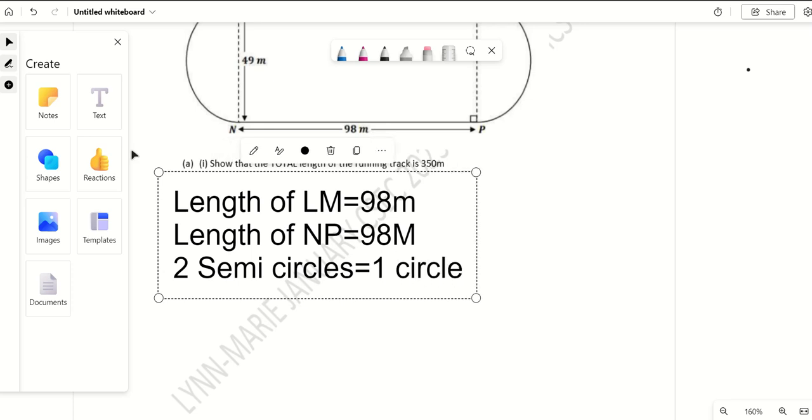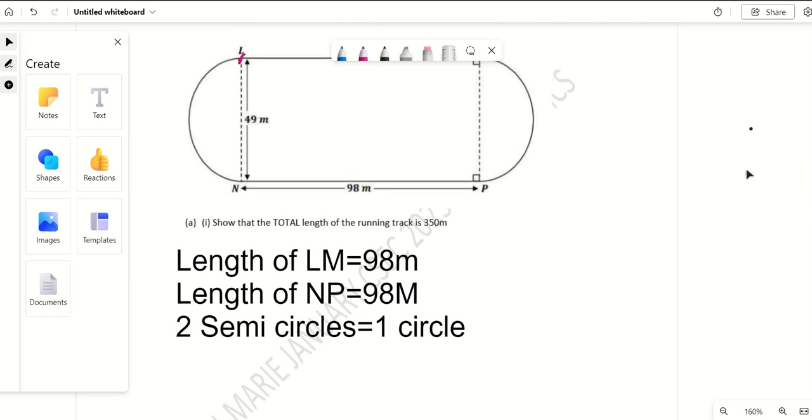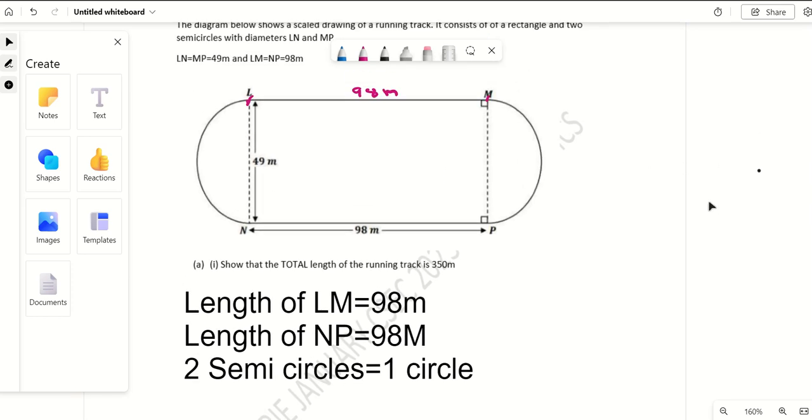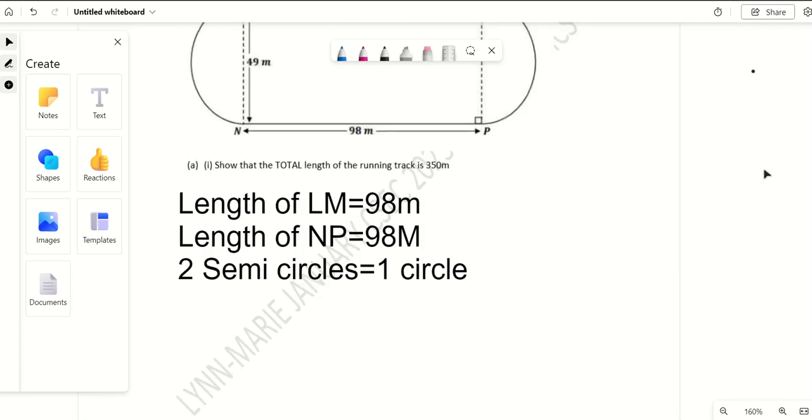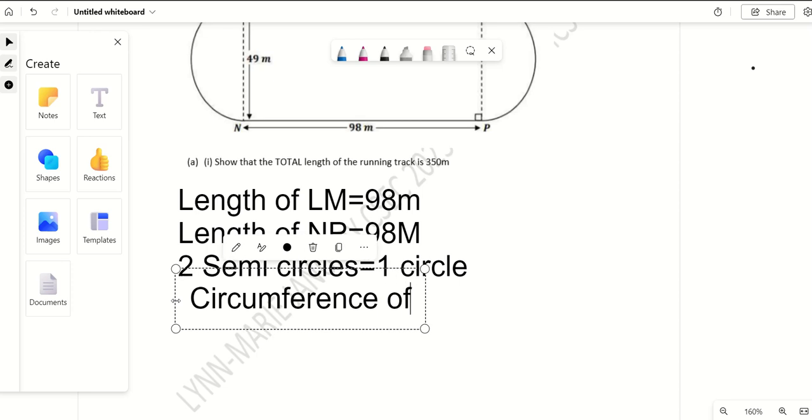So when we join up these two semicircles at the side here, that's the one circle. So basically, we are finding the perimeter of a circle, which is also known as the circumference. Now, a formula that you need to remember, right, and I'll write that down. So we are finding the circumference of a circle.